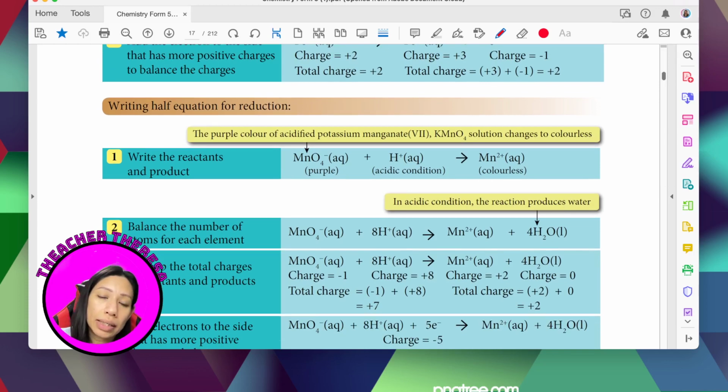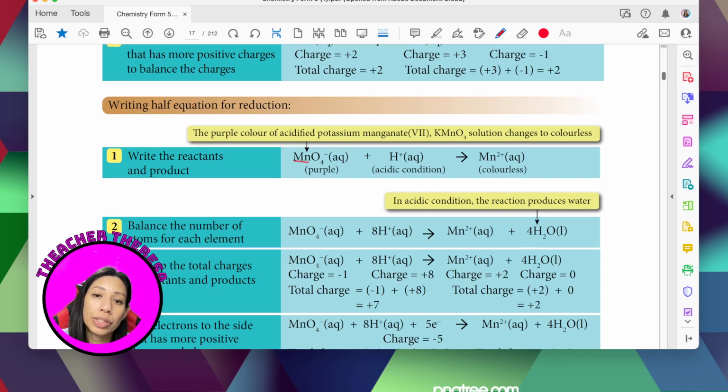How do you know it is 5? Later on we will learn how to calculate the oxidation number. Here we normally call it acidified potassium manganate because it is in an acidic solution.